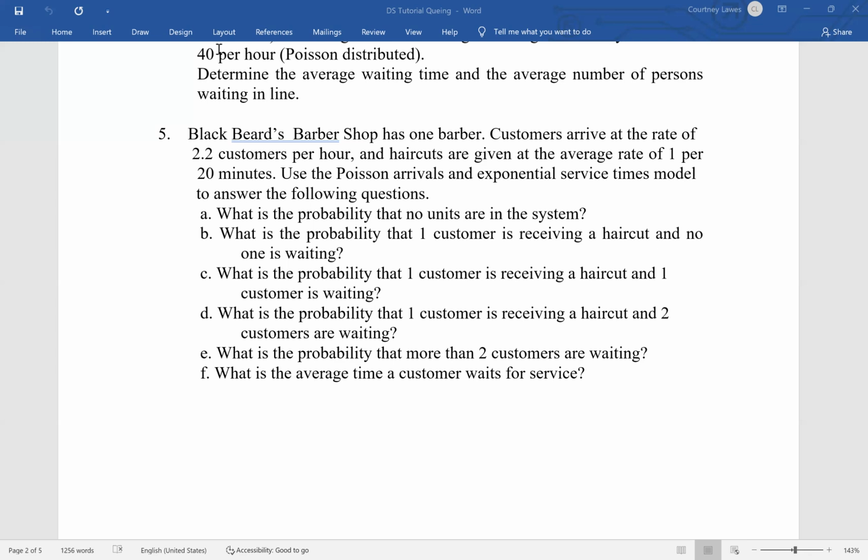How long will it take? What's the next probability?